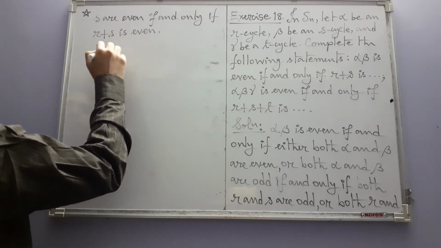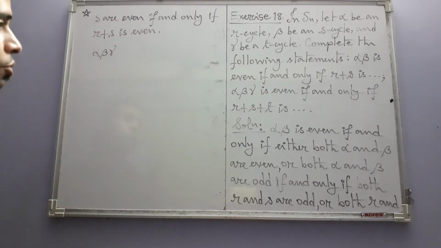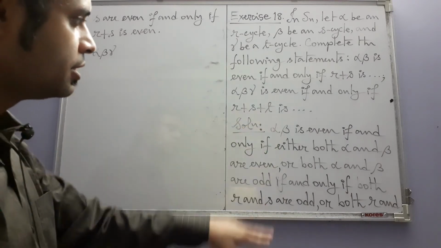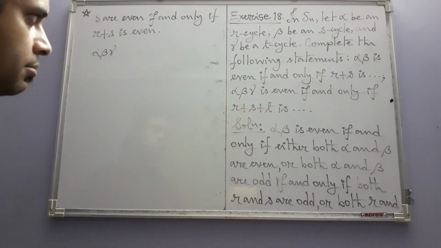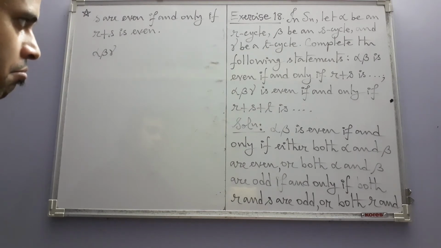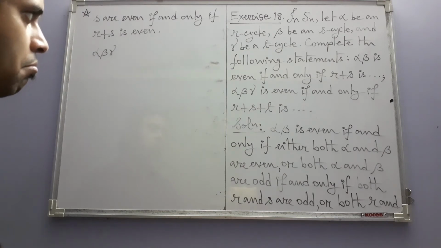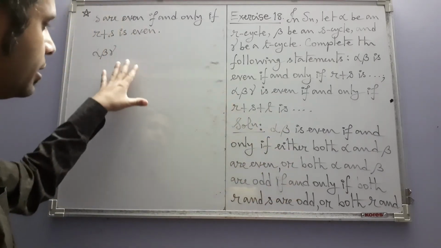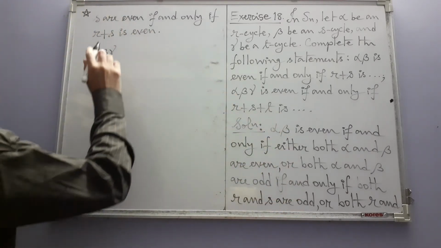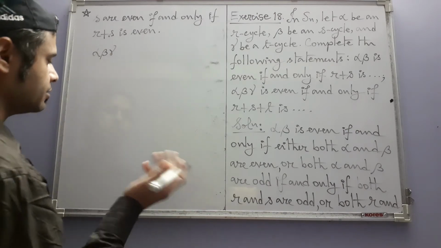Alpha, beta, gamma. Oh, but can we use this one to say something about this? Yes, I think we can use this here in this case. So let's just proceed like this.